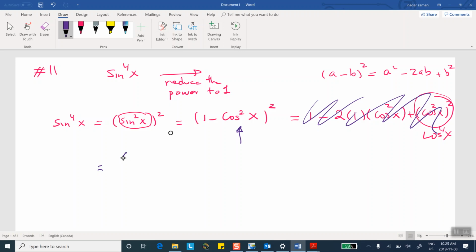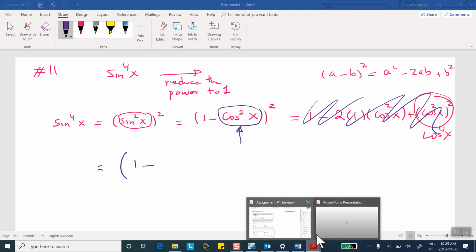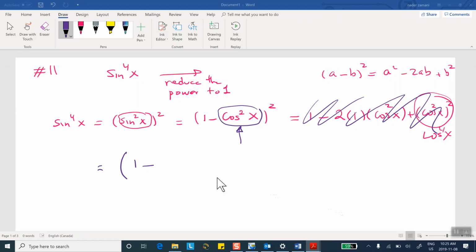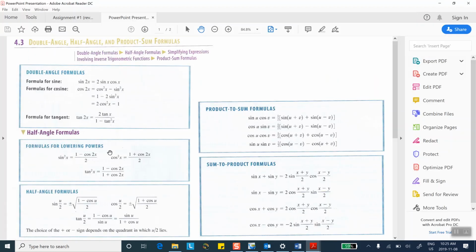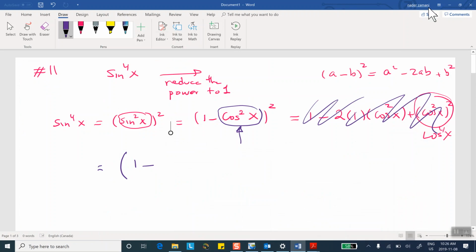So it's going to be 1 minus, now this thing, just look it up in that formula. Where is it? Right here. See that cosine squared x equals 1 plus cosine of 2x over 2. So it's going to be 1 plus cosine of 2x divided by 2, quantity squared.